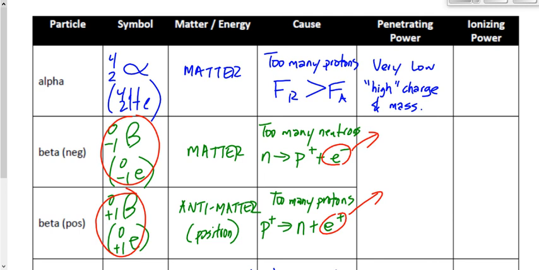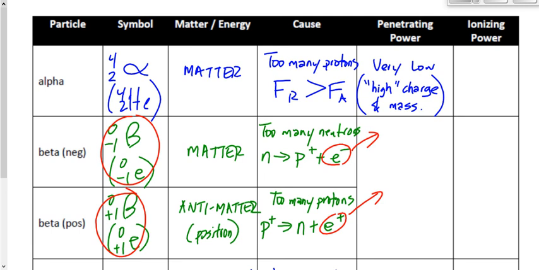The mass of an alpha particle is 10 to the minus 27 kilograms. But compared to the mass of a beta particle, which is 10 to the minus 31, it's really, really high. The charge isn't all that high, right? It's plus 2. But compared to the charge of a beta particle, which is minus 1, it's twice as much, right? So because of the relatively high charge and mass, the penetrating power ends up being pretty small.